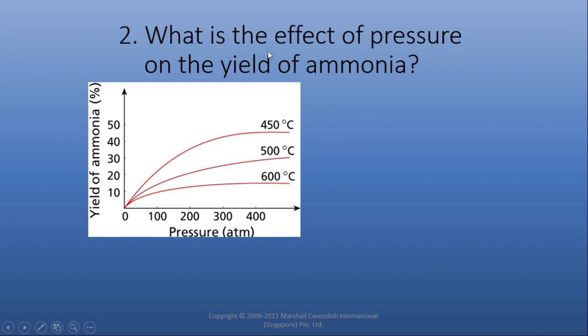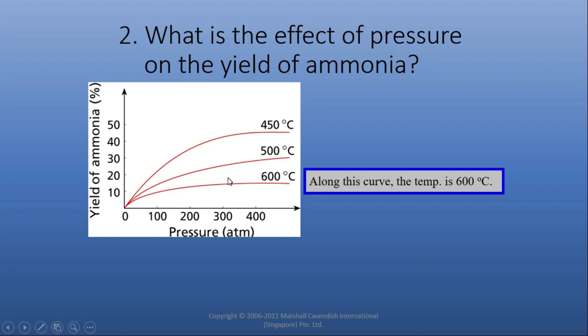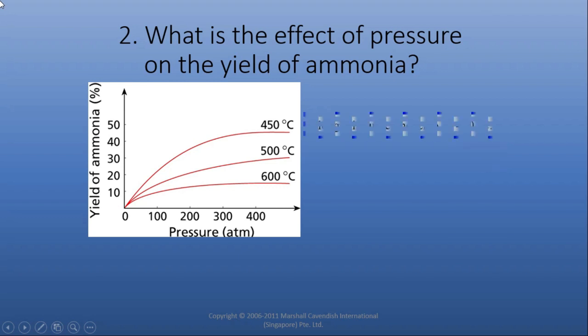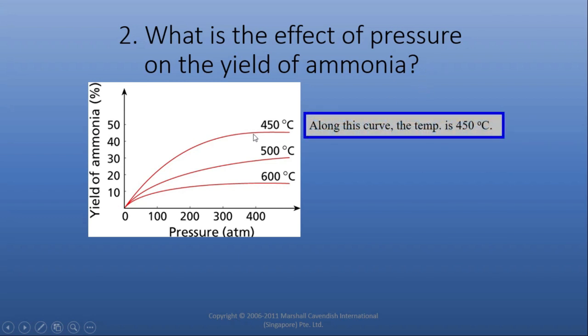What is the effect of pressure on the yield of ammonia? Again the graph has pressure on the x-axis, yield of ammonia on the y-axis, and 3 different curves at 3 different temperatures. So along this curve the temperature is 600, along this curve the temperature is 500, and along this curve the temperature is 450 degrees Celsius, because at 450 degrees Celsius the yield of ammonia is more.